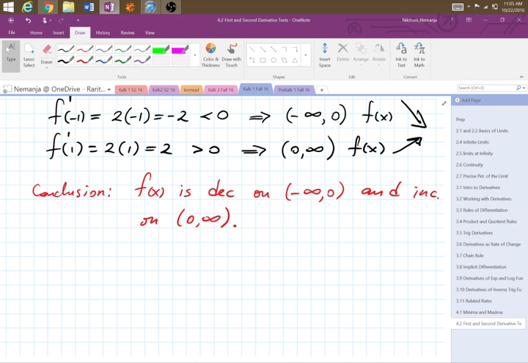So first derivative tests are problems 39 through 48. Let's go with 41. X times the square root of 4 minus x squared.